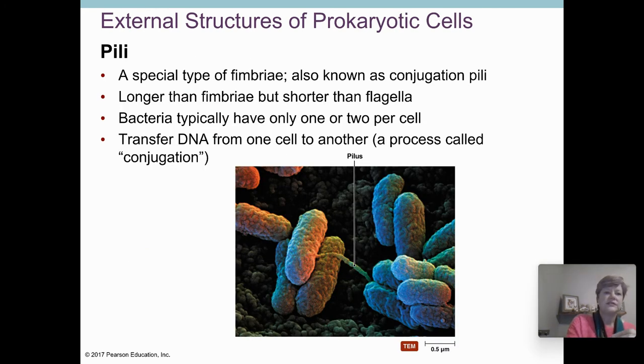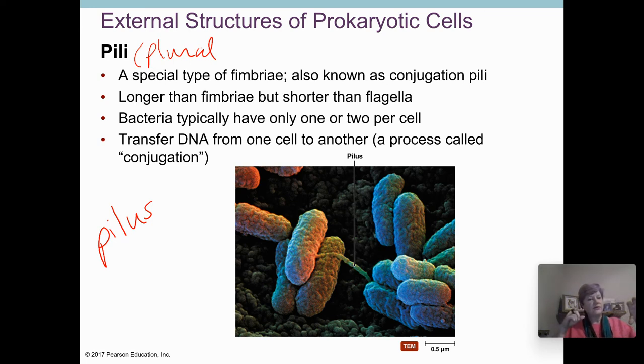Now, there's another structure. It's called pili. A pilus is the singular, and then pili is the plural. Pili are really a special kind of fimbriae. They are long extensions that connect two cells together, but specifically, they're hollow in the center. So when two cells are connected by a pilus, the pilus will go through the cell wall and the cell membrane and create a direct connection between the cytosol of the two cells.